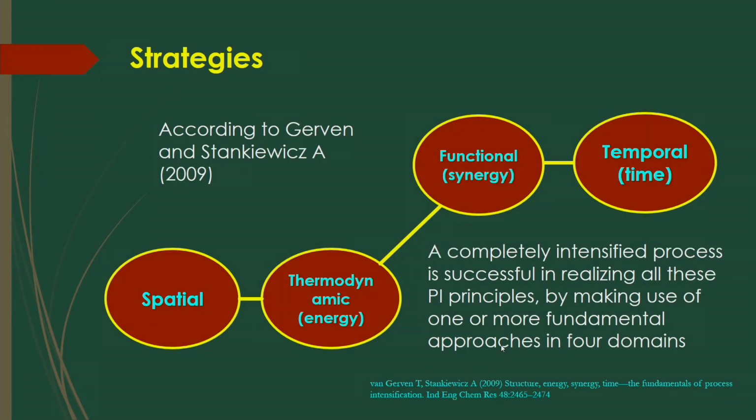And so, according to Garvin and Stenguis, a completely intensified process is successful in realizing all these process intensification principles by making use of one or more fundamental approaches in such 4 domains.